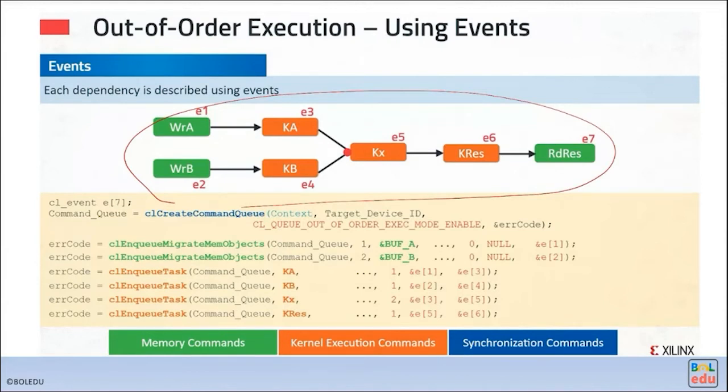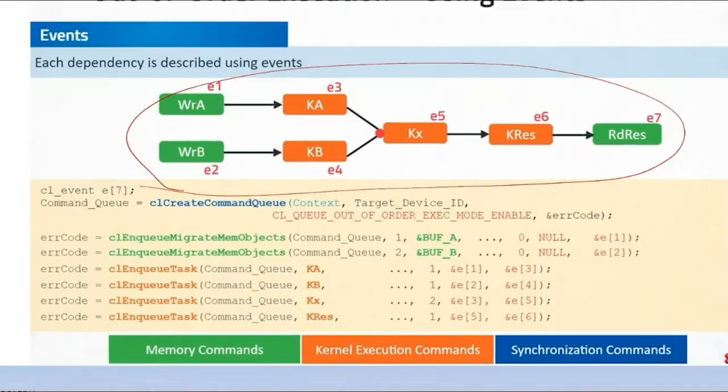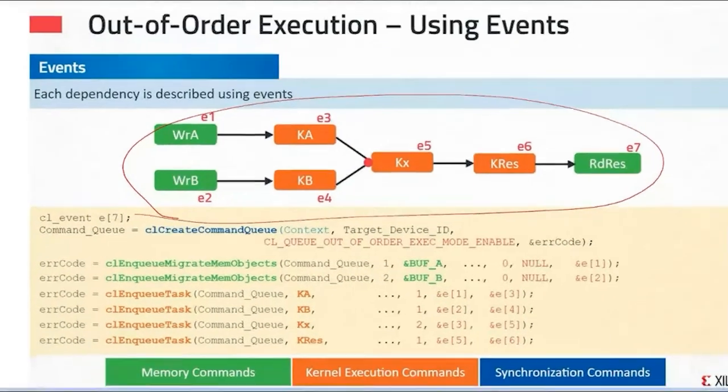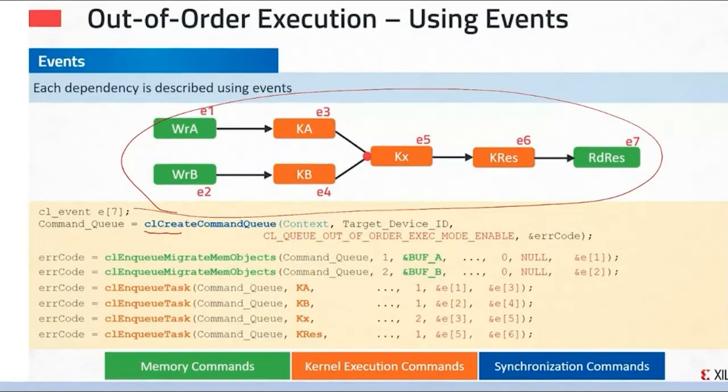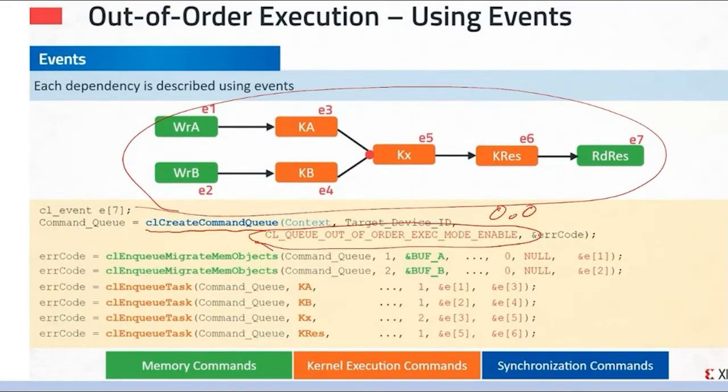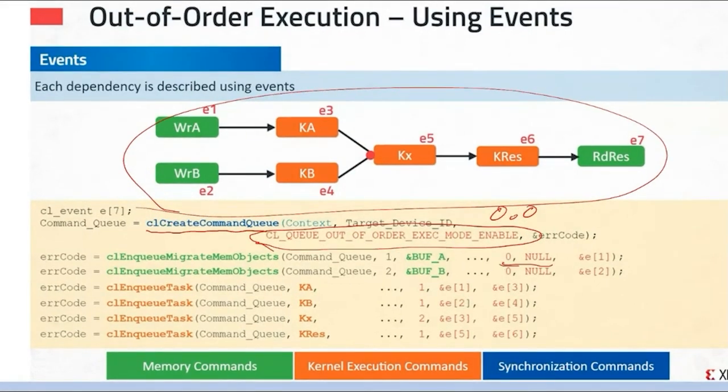Okay, so let's look at the code in detail. First, you create the command queue with this argument, which means it's out of order. Now look at the buffer A movement: it doesn't depend on any event, and it will generate event 1.